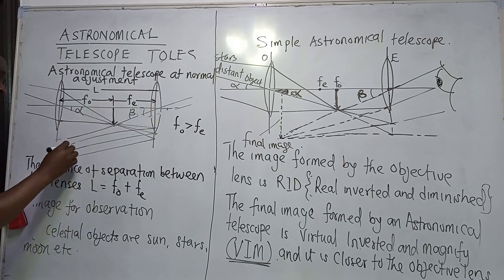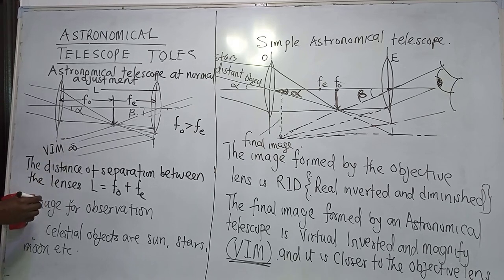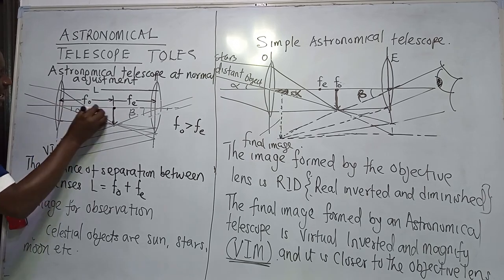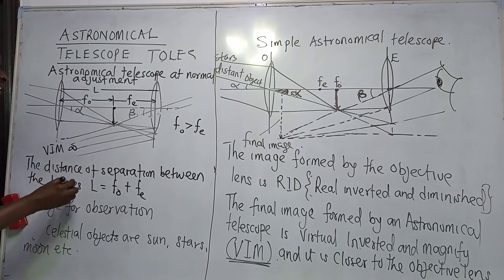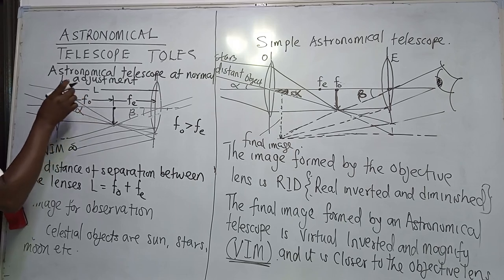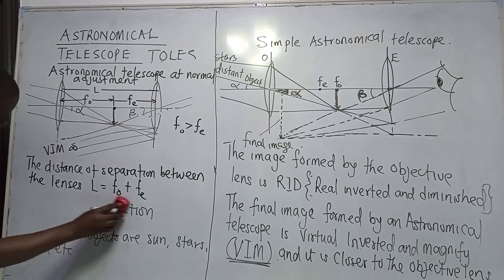Now, look at the board. The final image is still virtual, inverted, and magnified, but is now sent to infinity. Why? Because f naught and fe coincide. That means the objective focal length and the eyepiece focal length meet.